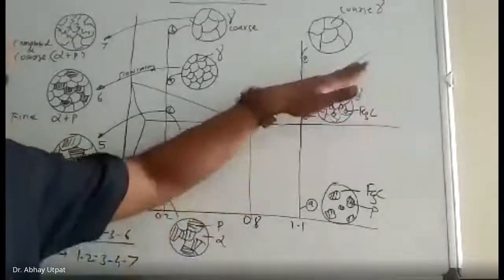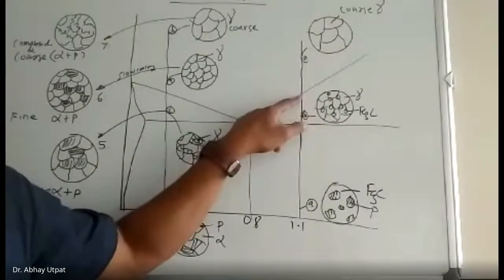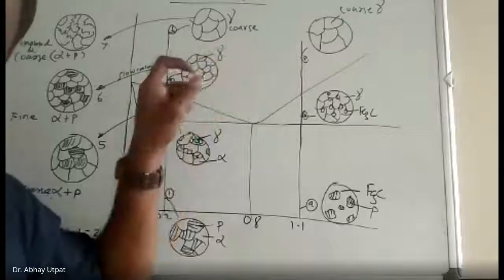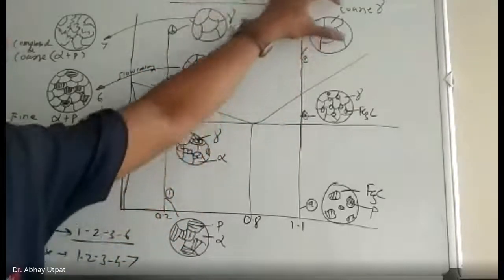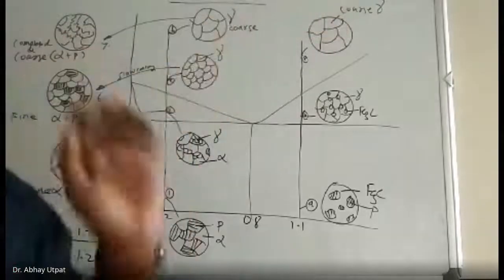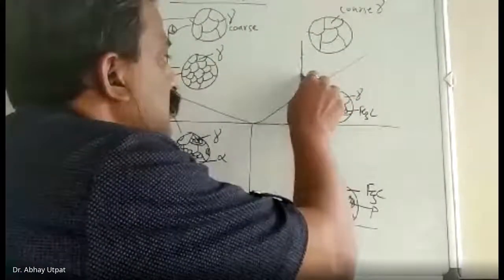So as slope of A3 temperature is higher, so A3 or A4 plus 20 to 40 if you take, it will be little higher temperature, and where you will get coarse gamma. So you can show point C here.